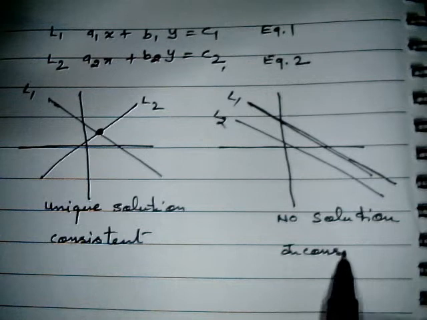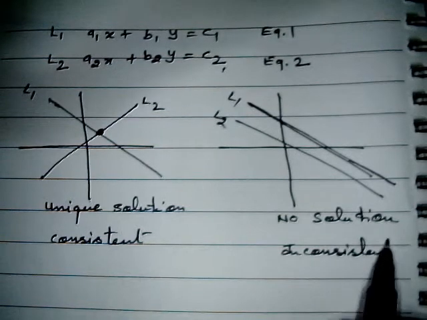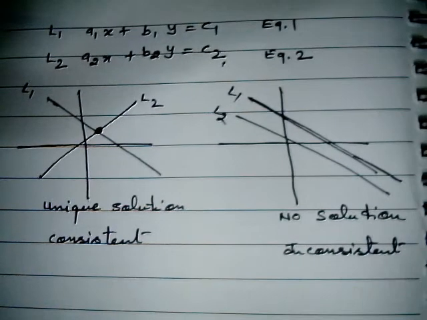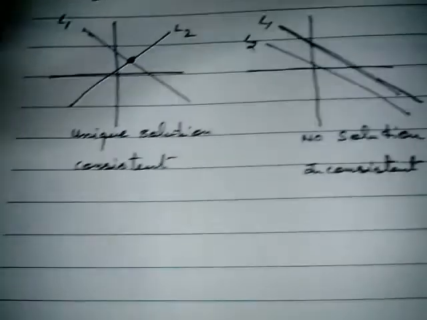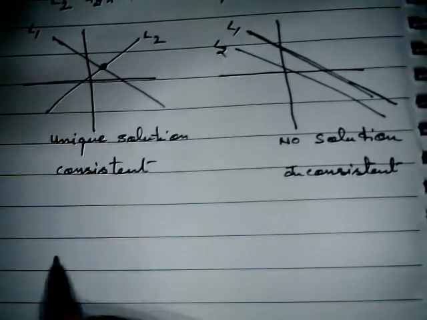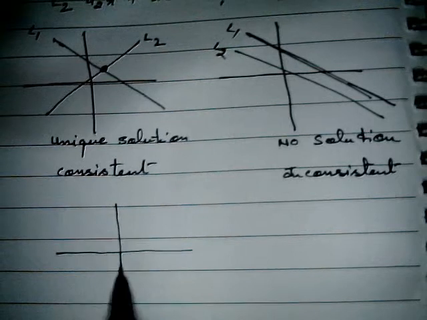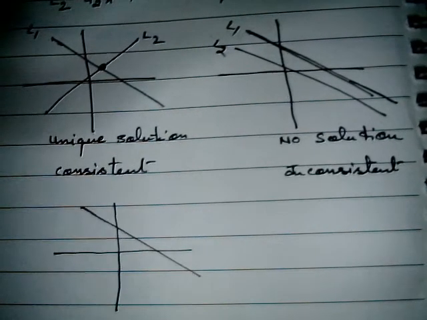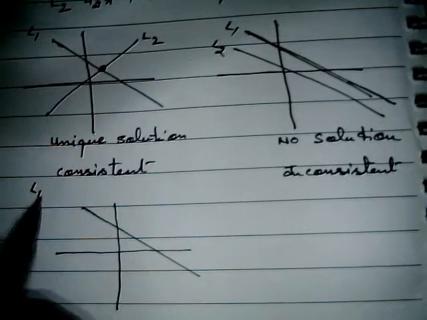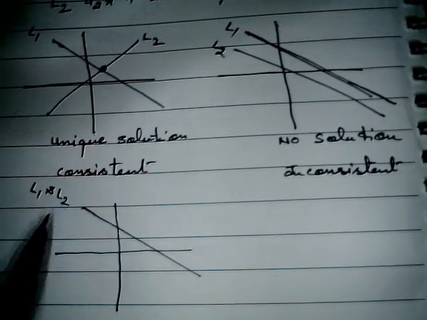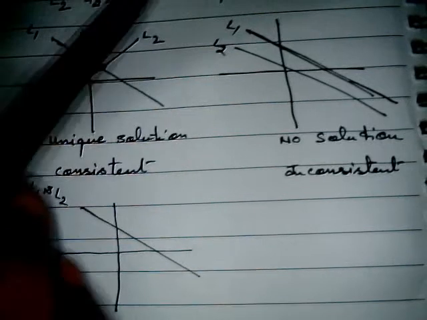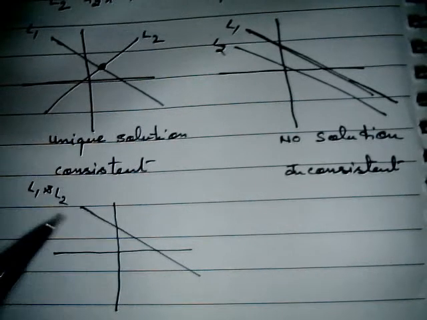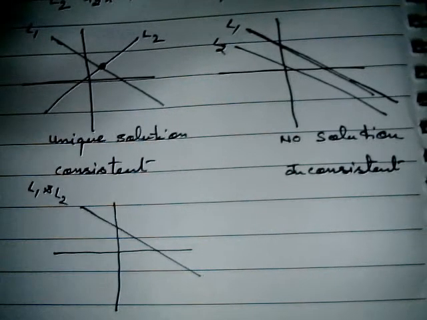Now the third pattern we could see when you plot the graph is only one single line. This is for both L1 and L2. When you plot the graph for both equations, you see only one single line on the graph. It means one line is overlapping the other completely.